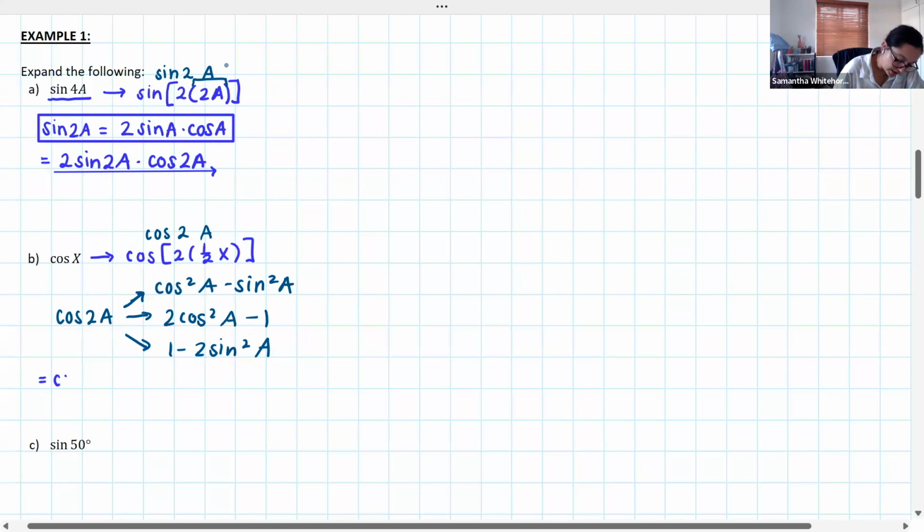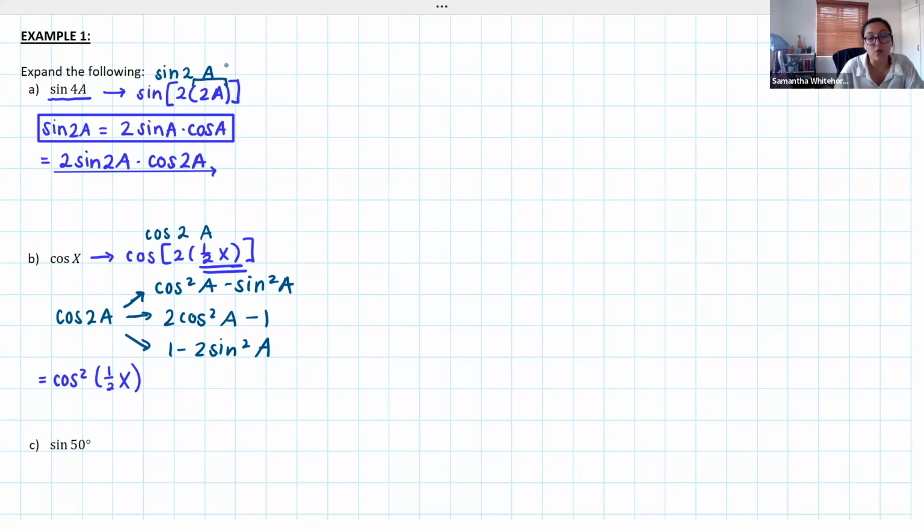So either you're going to have cos squared of a half x. Remember, it's a half x because that was my original angle before I doubled it, minus sine squared a half x. Or you're going to have 1 minus 2 sine squared a half x.